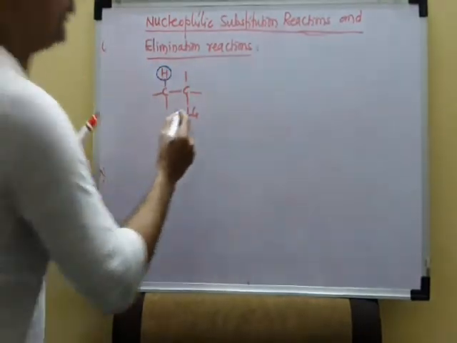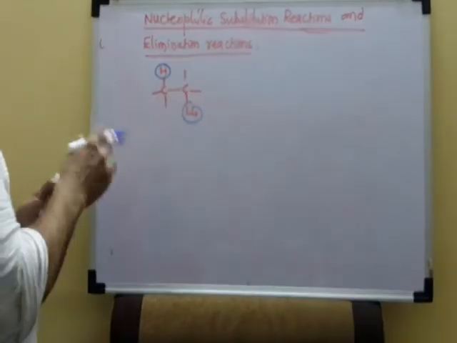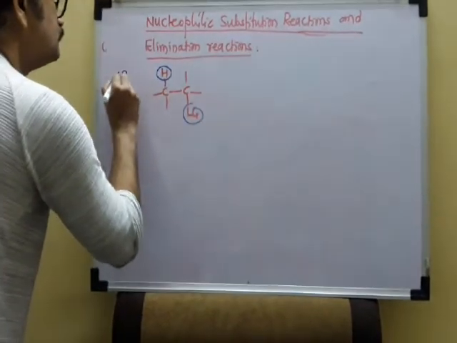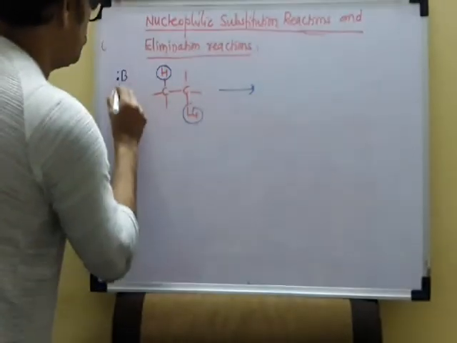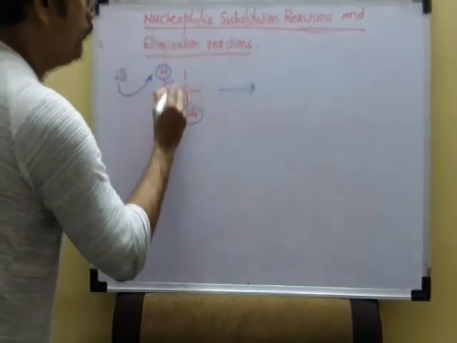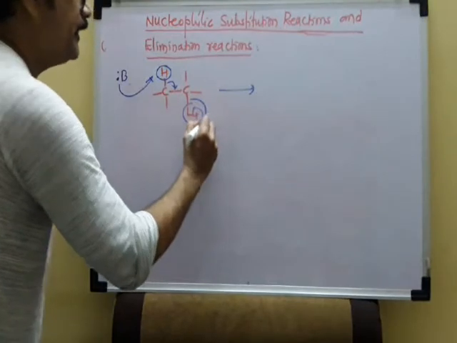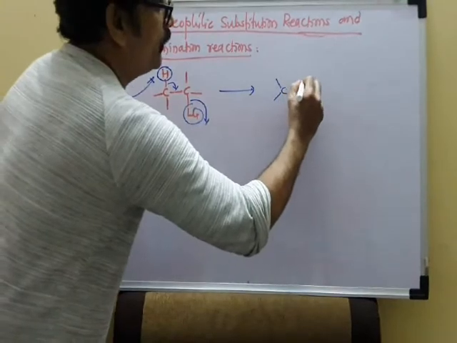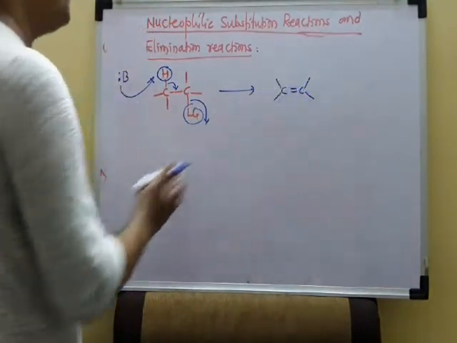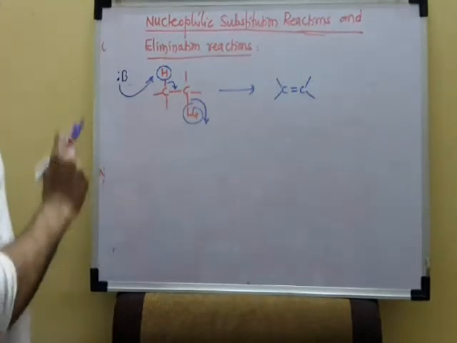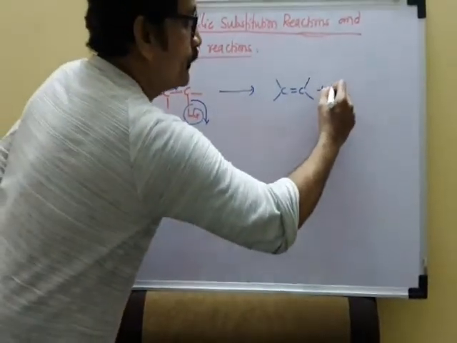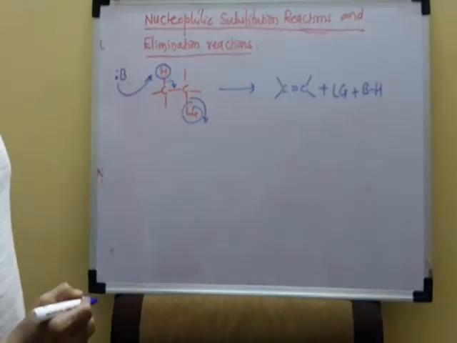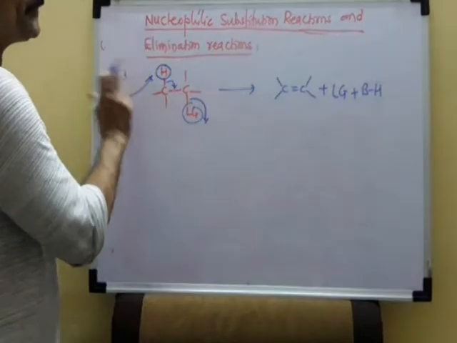Here we are using a base. The base will abstract this proton, this bond will move in between the two carbons, and the leaving group goes away. So we get a double bond between these two carbons. We are discussing beta elimination, where the base abstracts a hydrogen or proton, so it is an acid-base reaction.